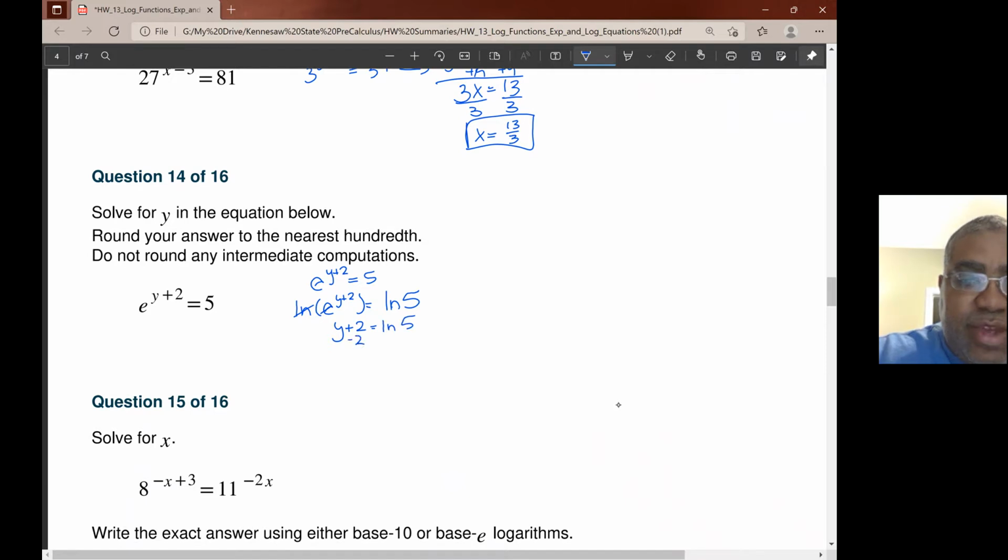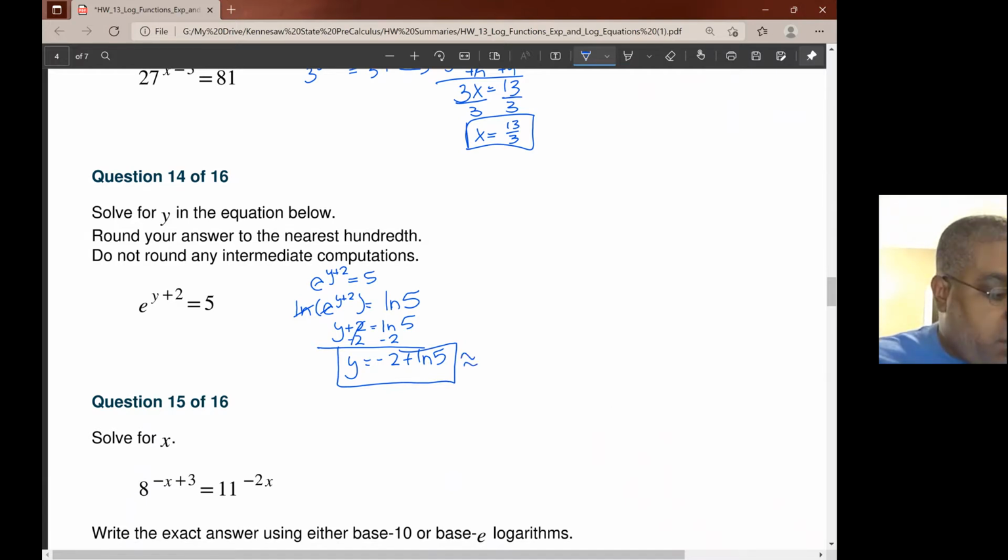Subtract 2 from both sides. You get y is equal to negative 2 plus natural log of 5. Hold on, round it. Whoops.